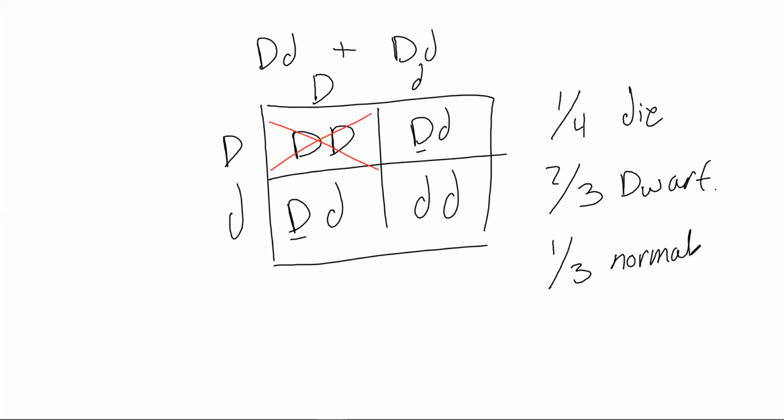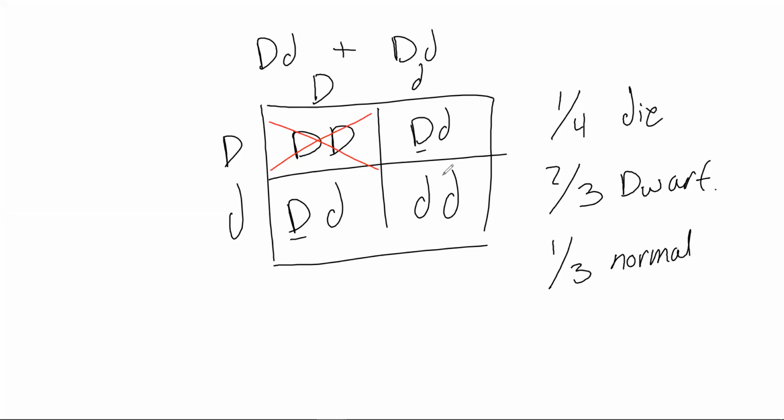Does this make sense? Yes. Okay, good. Remember, I am putting it out of 3 because I'm only considering the living ones. If she says them all, I'm pretty sure you put them out of 4.